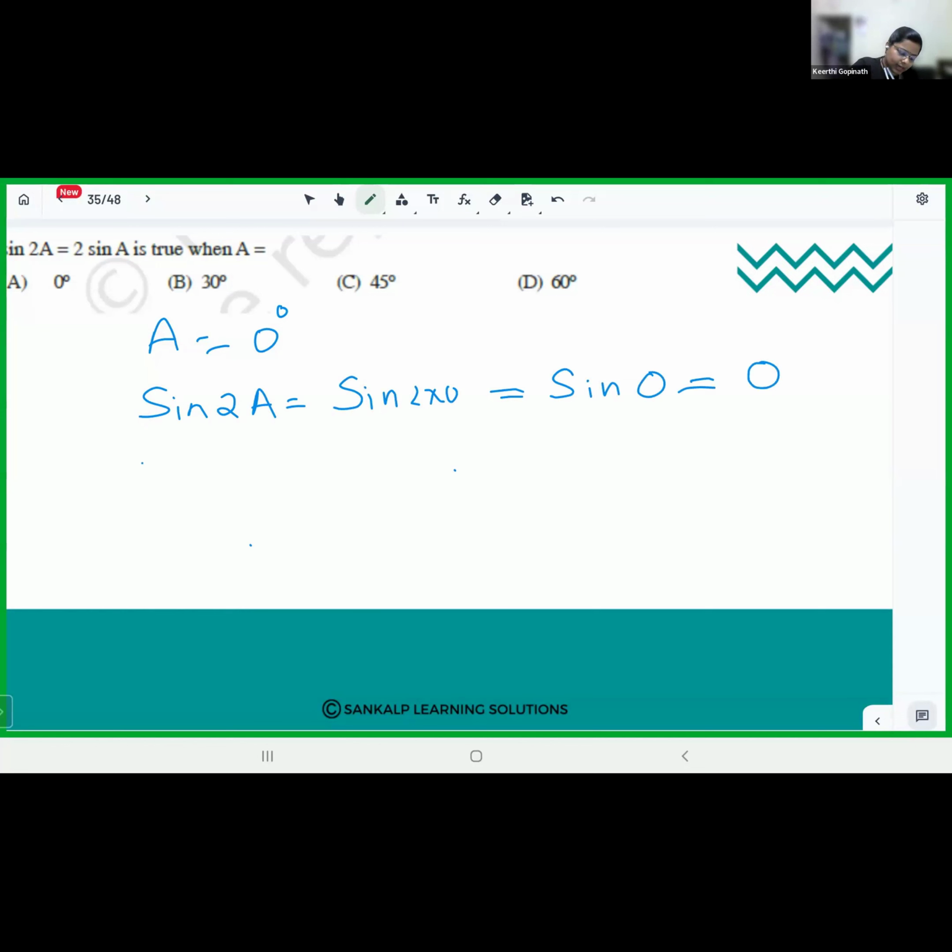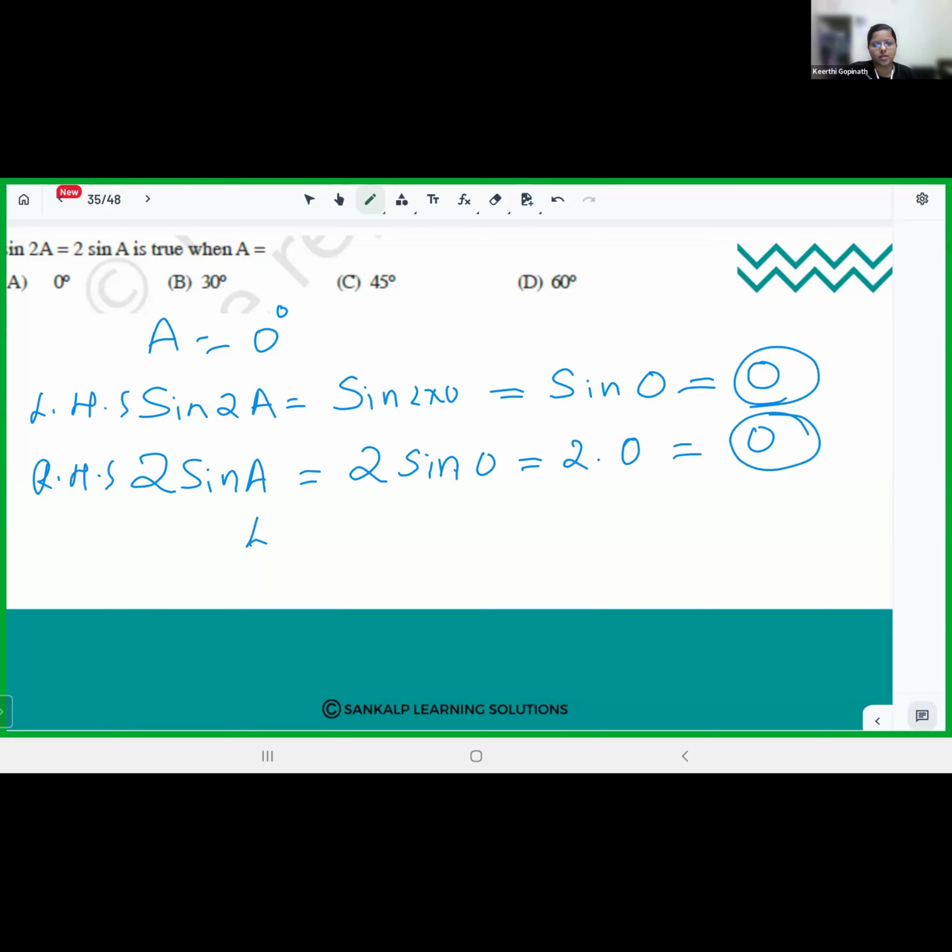Now you calculate the right hand side. Right hand side is 2 sine A, that means 2 into sine A, and we took A as 0 degree. So 2 into sine 0. Again, we know 2 into sine 0 is 0. So 2 into 0 is equal to 0. You can see here, this was our LHS and this was our RHS. Here you obtain both the values as 0. So what can you conclude?